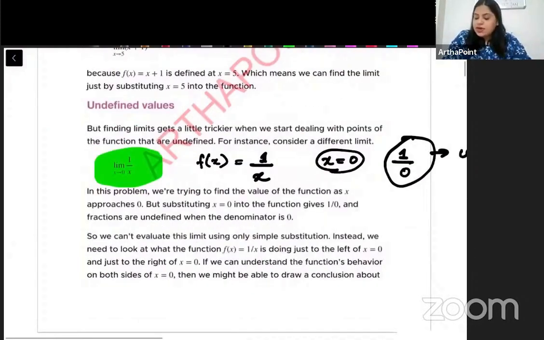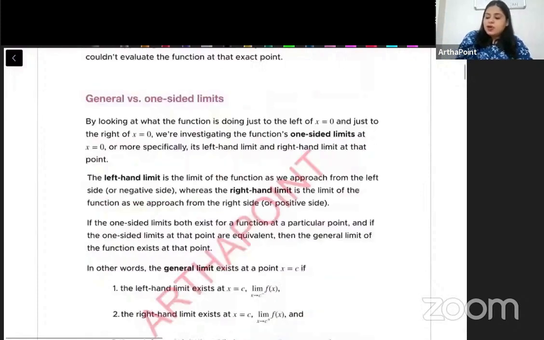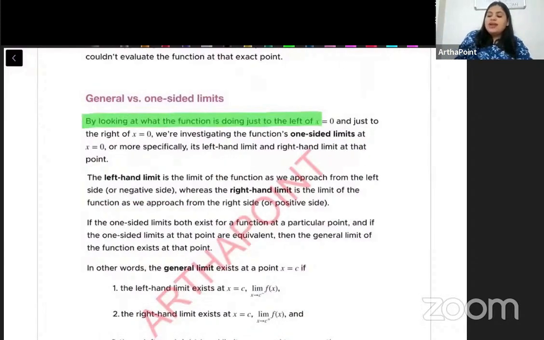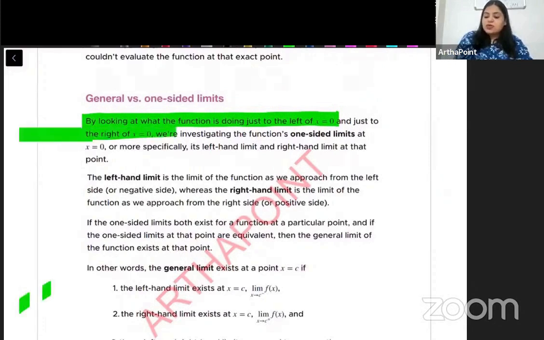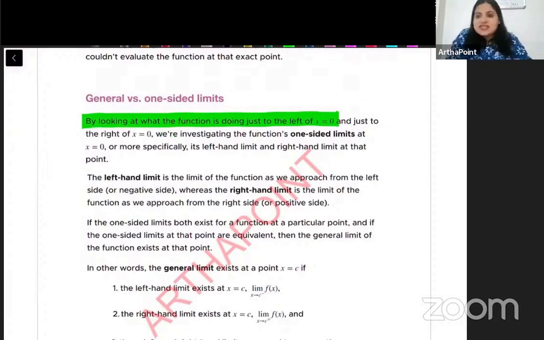So we evaluate the limit by looking at the function to the left of x equal to 0 or to the right of x equal to 0. Instead of putting exactly x equal to 0, let us put something very, very close to 0, but a little less than 0, or very, very close to 0, but a little more than 0. When we do something like that, we are evaluating one-sided limits.